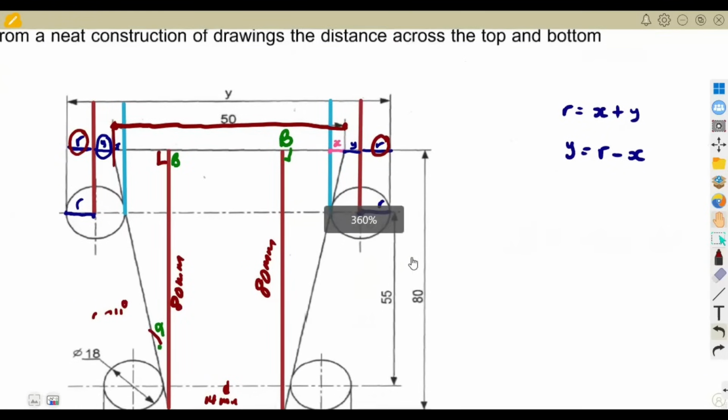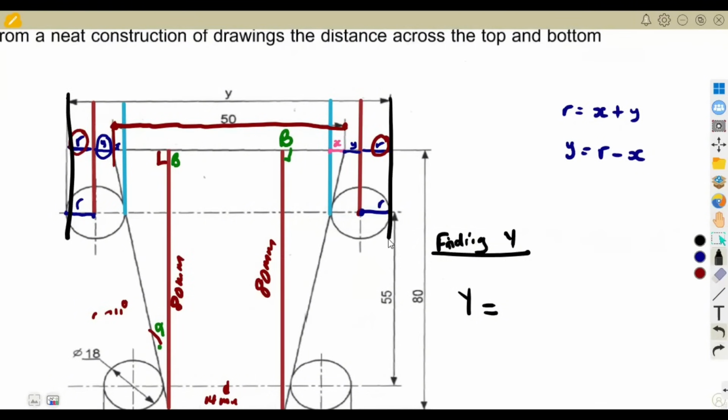So it follows that, to find y, y is going to be equal to, we're going to take the radius. Take note where it is starting and where it is ending at the end.